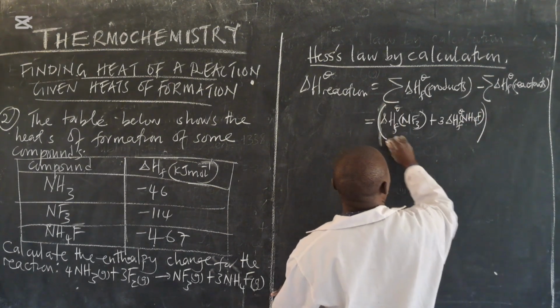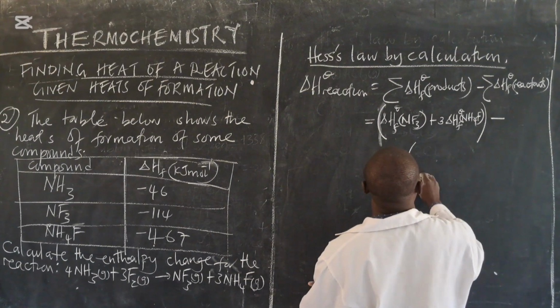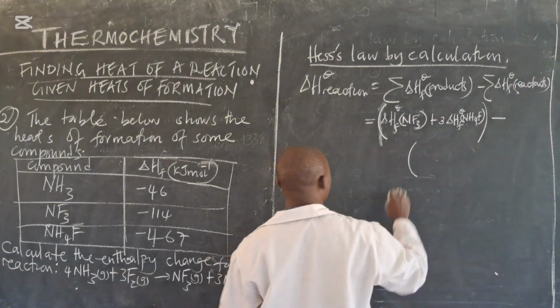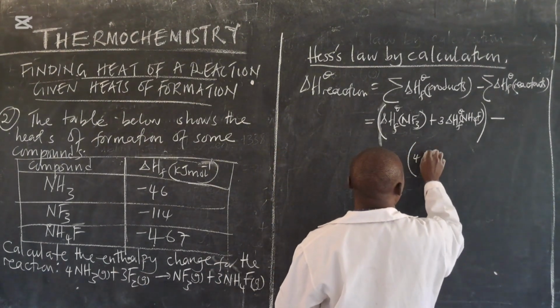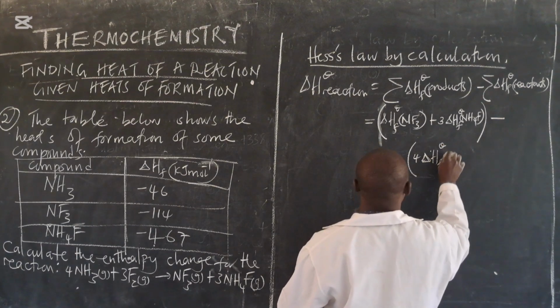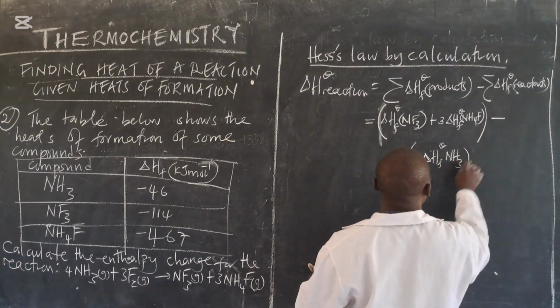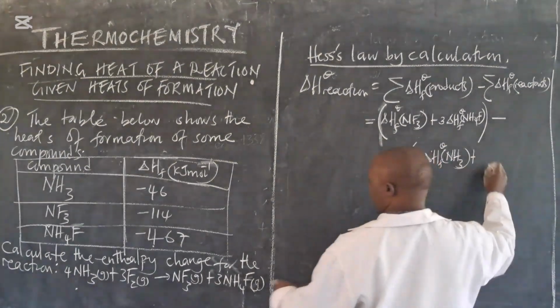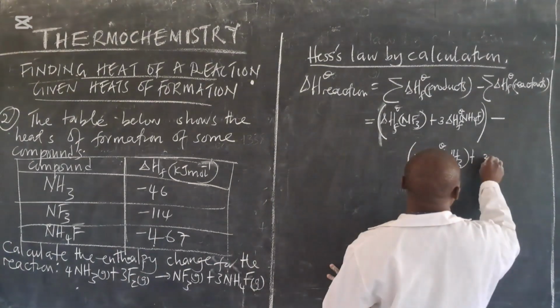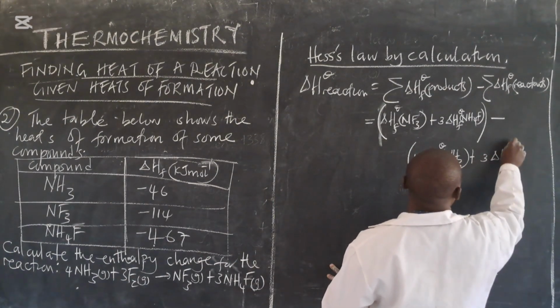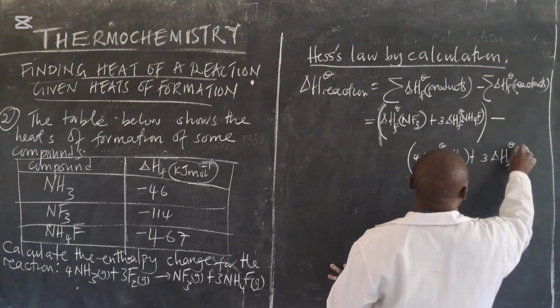Then we are going to subtract for the reactants. So I have 4 times the enthalpy change of formation of ammonia, plus 3 times the delta enthalpy change of formation of fluorine here.